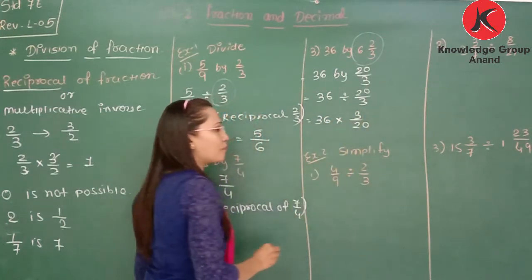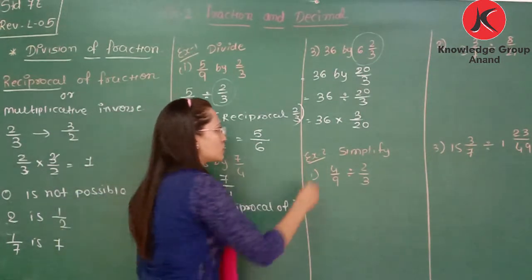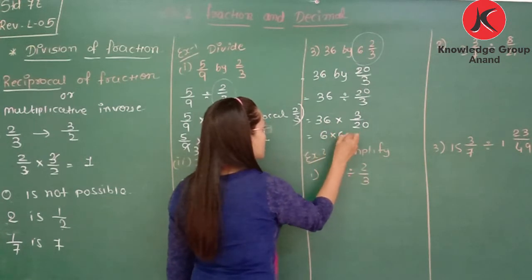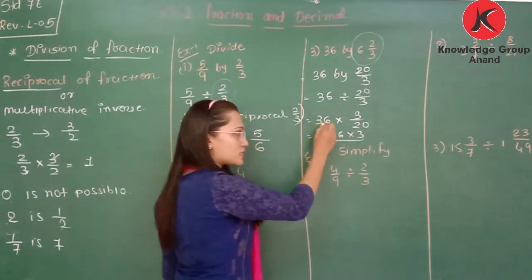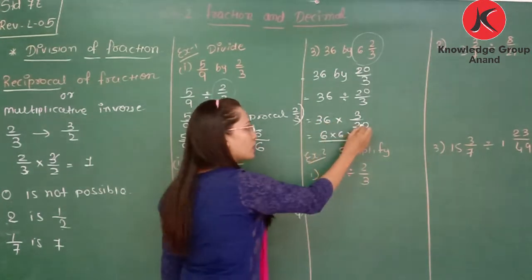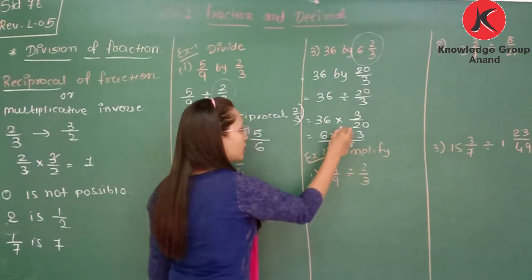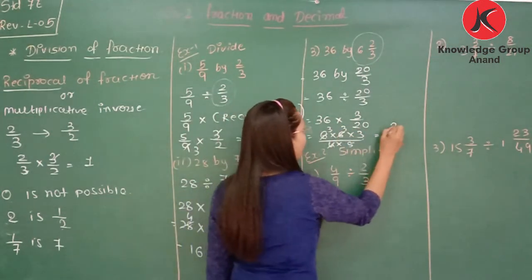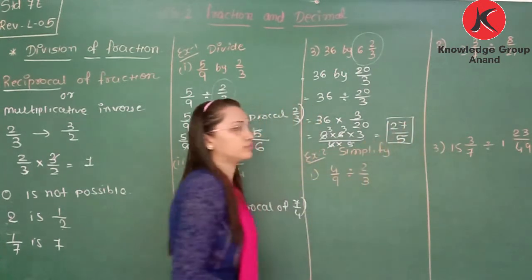So it is 3 by 20. Here you can cut the common factor if it is possible. Factor of 36 is 6 6s, factor of 20 is 4 5s. So here you can cut the common factor. So 3 3s are 9, 9 3s are 27 by 5 is the answer.